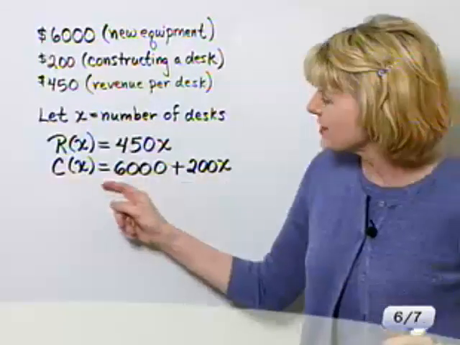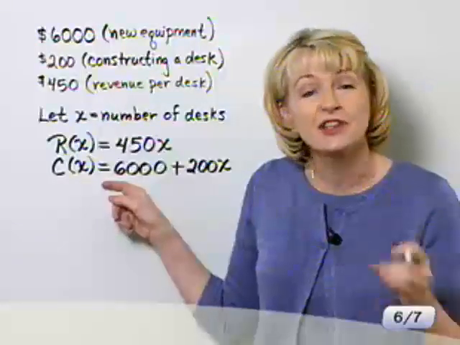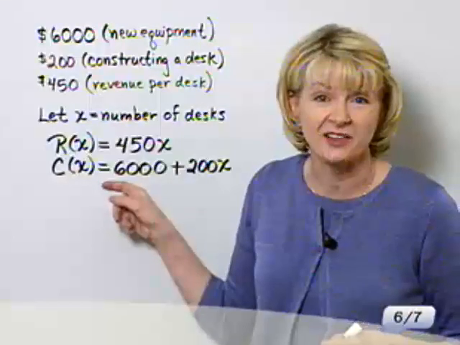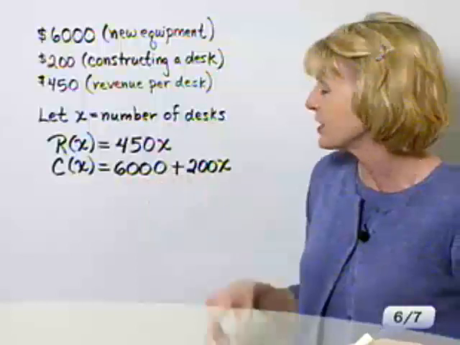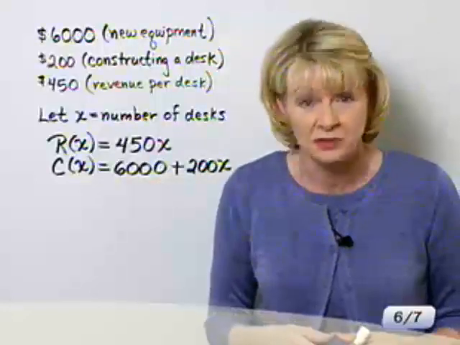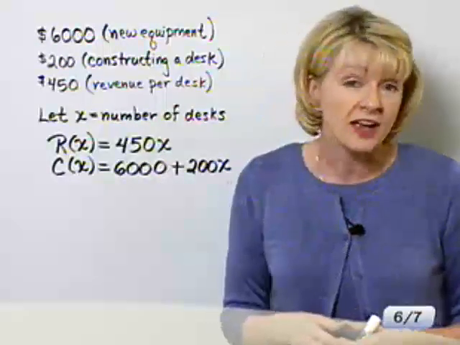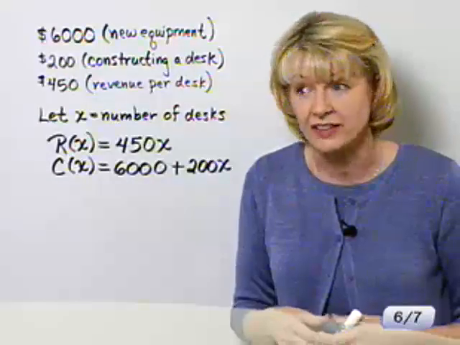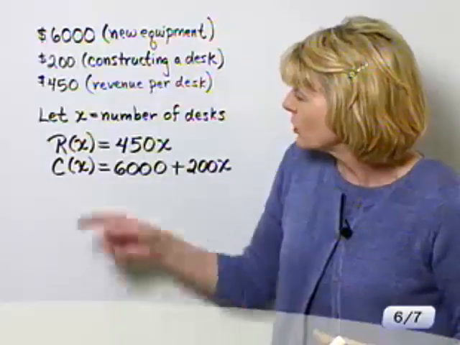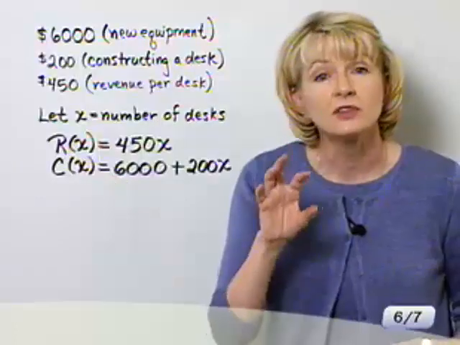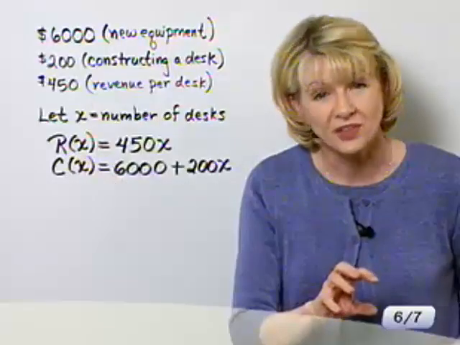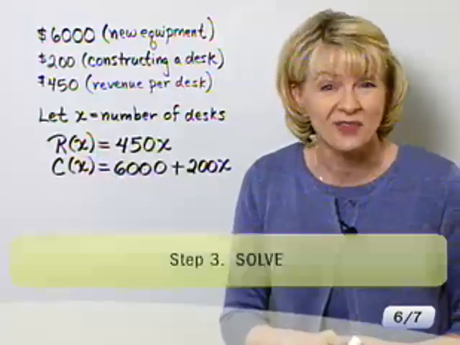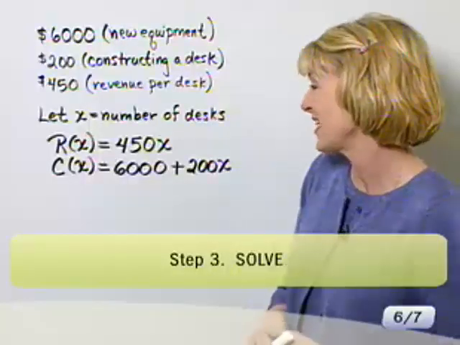Now, of course, you can write this cost function as 200x plus 6,000. It makes no difference the order here because addition is commutative. Now, how do you find the break-even point in any endeavor? Once you have revenue and cost, you set revenue equal to cost, and then you solve for your variable, in this case, x.